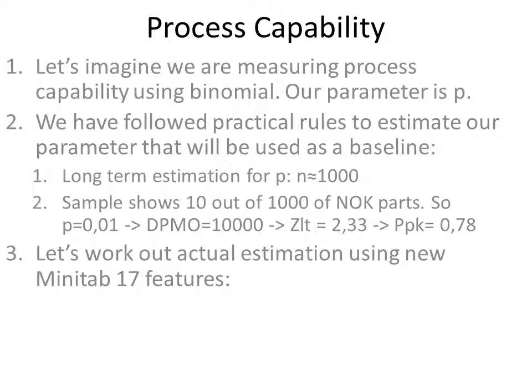So 1000 units would be enough following this rule. So it turns out to be a process with 10 out of 1000 not-OK parts. So our proportion would be 0.01, 1%. PPM, Z value, and Ppk can also be calculated.